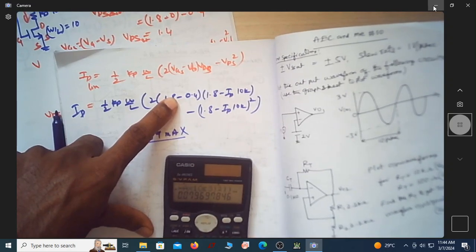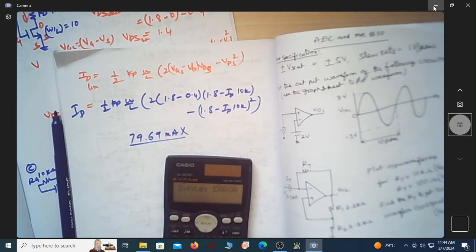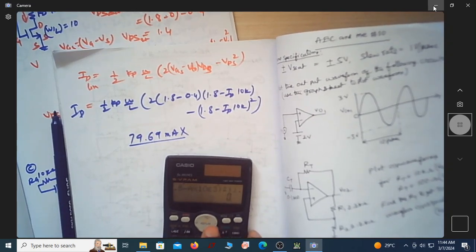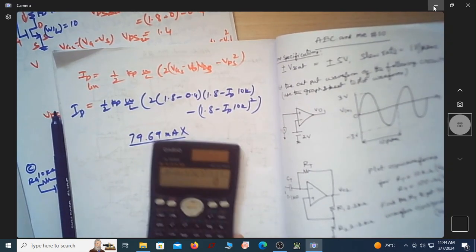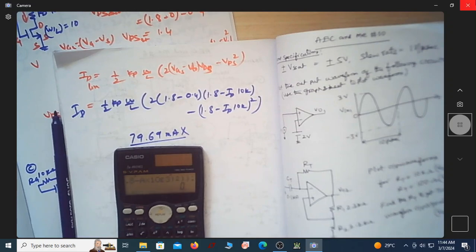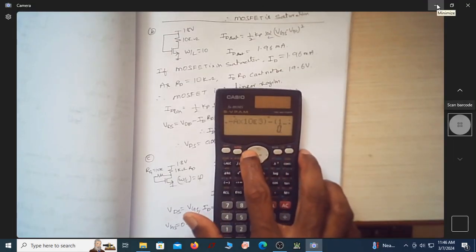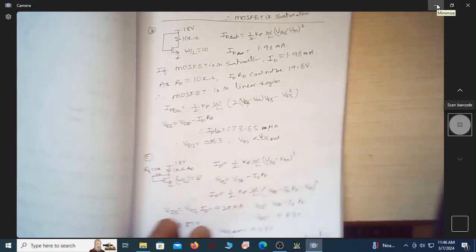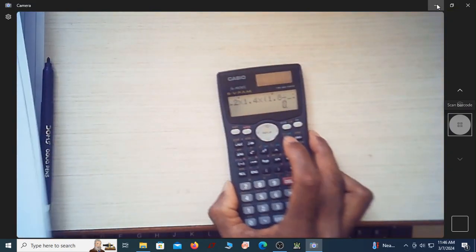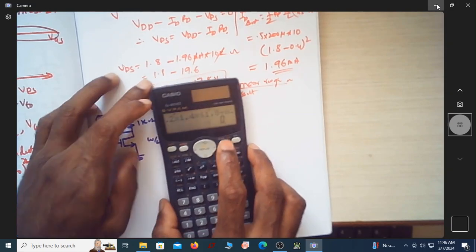Let me close one more. Shift cal. Let me just go back and see. Okay, you can see the mistake that I have made here. While entering the values, I think I have made a mistake here. You can see this is the value.